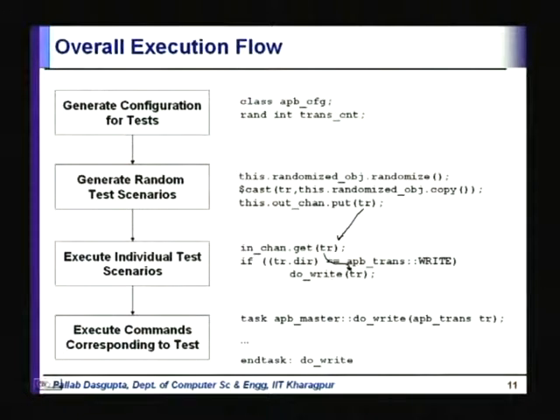So this task drives the transaction, and when that transaction is driven, this is where the actual signals are driven in this layer. We are going to see how those signals are driven.